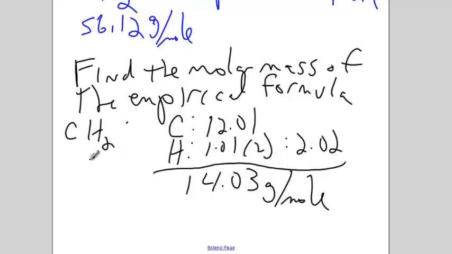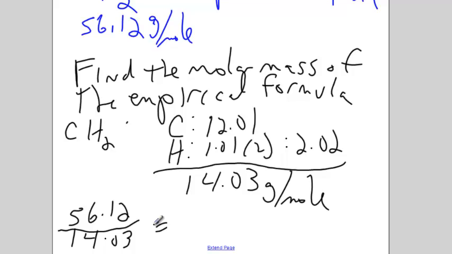So then you say to yourself, this guy is the molar mass of the compound I want, the molecular formula. This guy has to be a multiple of this guy. So in order to find what multiple that is, I divide. 56.12 divided by 14.03.